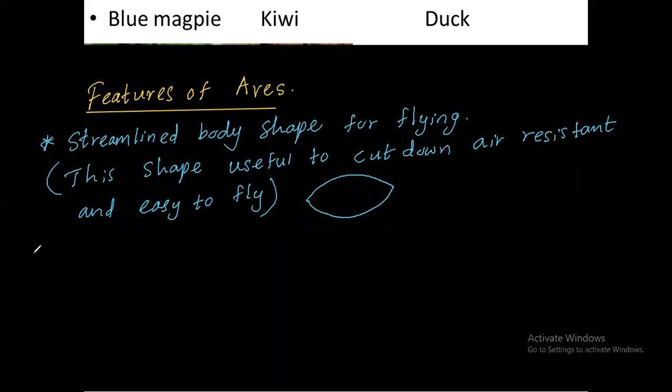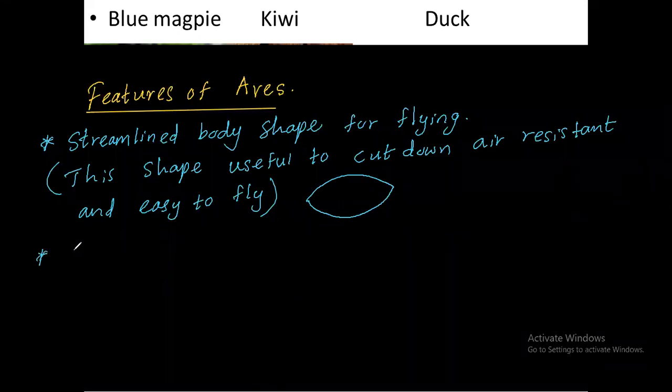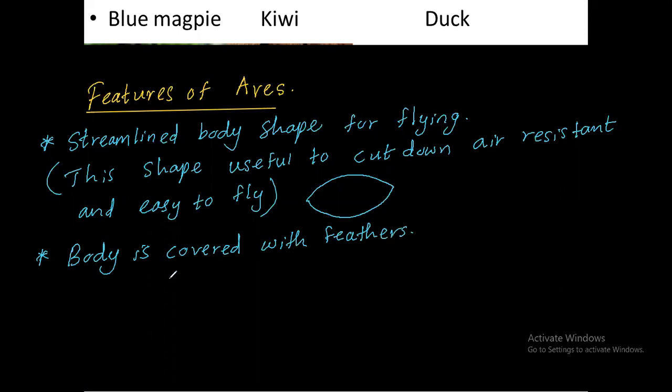Next one, body is covered with feathers. Possesses limbs for locomotion.